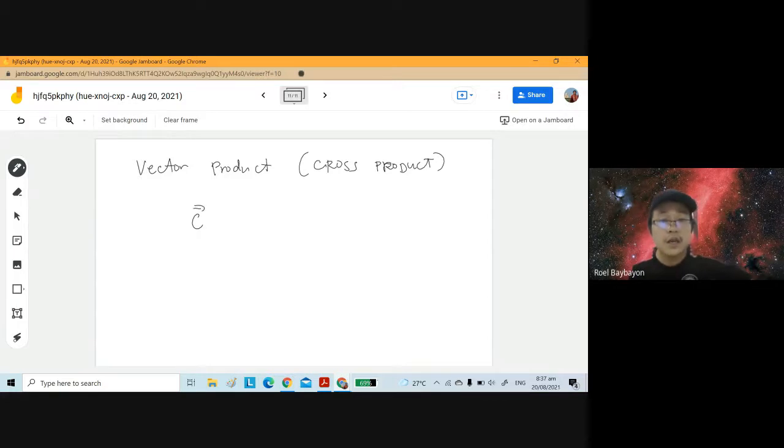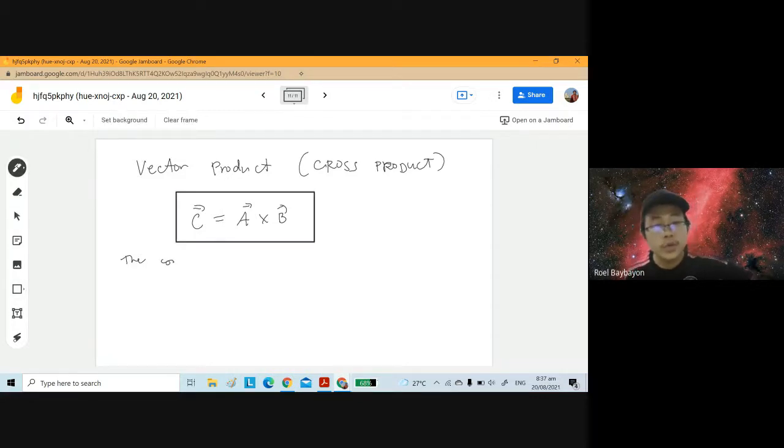Another vector C is equal to the cross product of two vectors A and B. So this is by definition. Take note, ang result sa vector product is also a vector quantity. So C is equal to A cross B. Two vectors ang gikuha og cross product. The components, okay? We have this definition, take note.